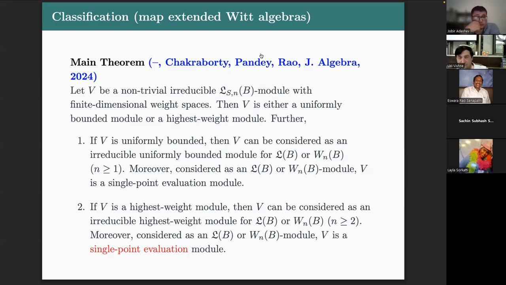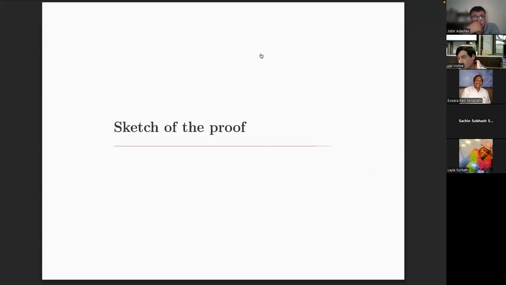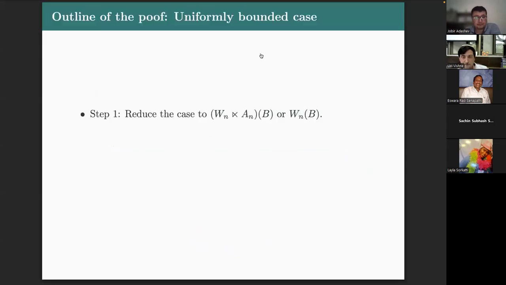Just briefly, I will explain the steps. You reduce it to W_n and W_n tensor B. One can do it using Kaiming Zhao's work and other mathematicians' work.